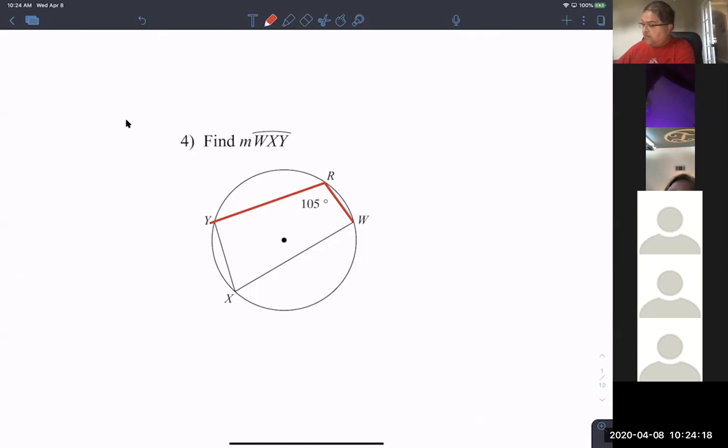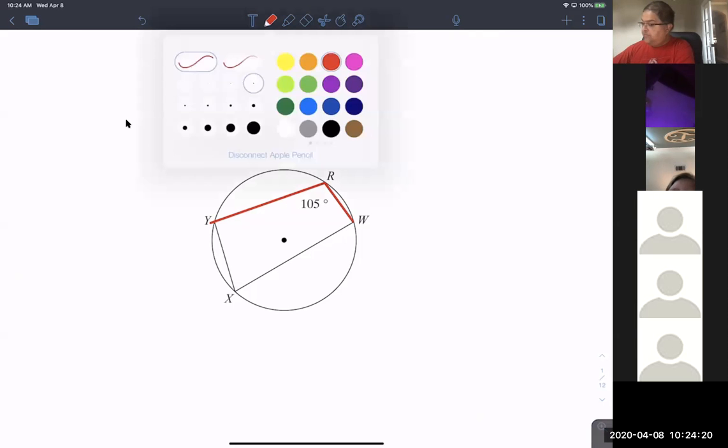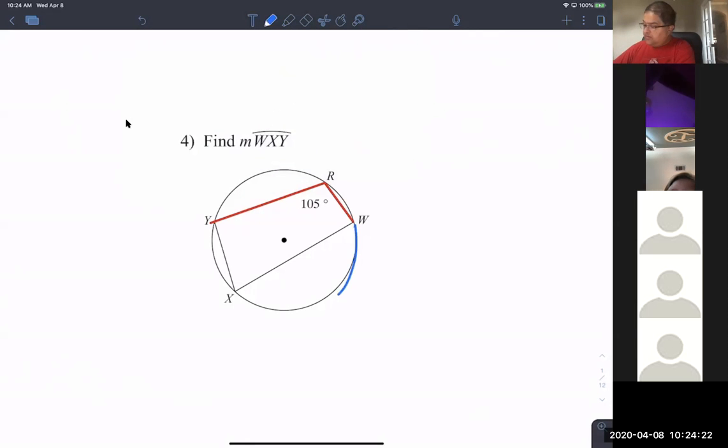So you're asked to find the measurement of this arc. Okay. So the inscribed angle is 105. What does that make the arc? 210.